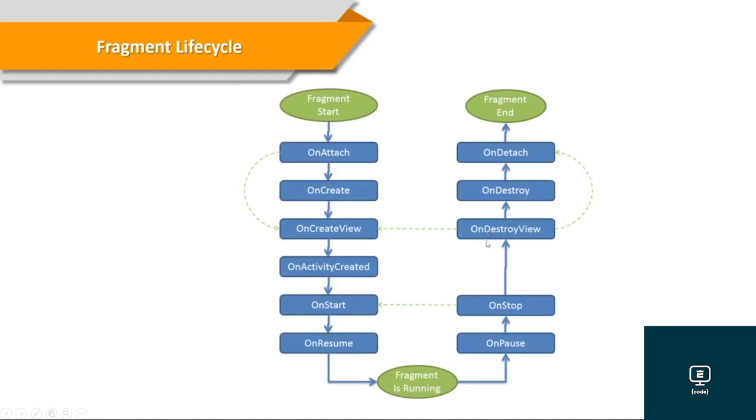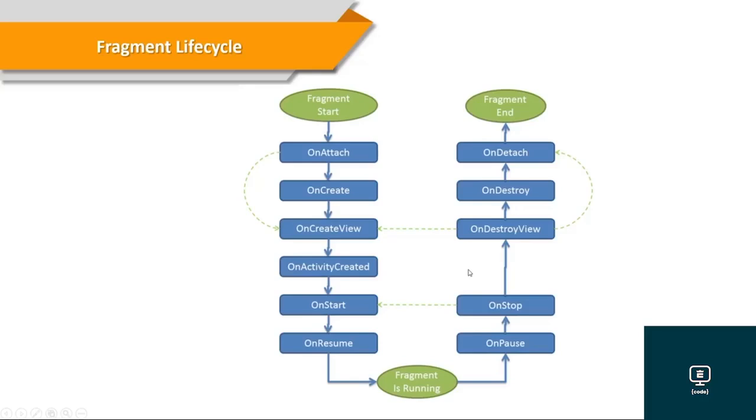Now, there are also these milestones. If you start a fragment again after the onStop method, it will begin from the onStart method. If you start a fragment again after the onDestroyView method, it will begin from the onCreateView method.